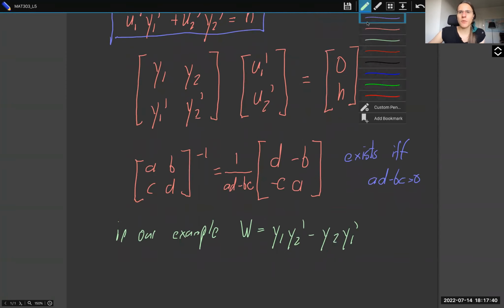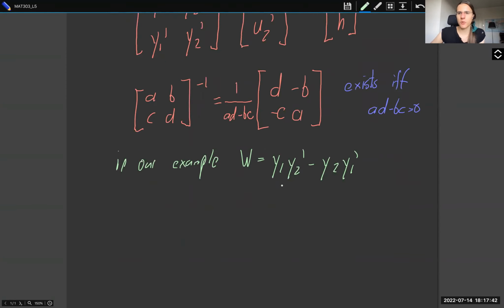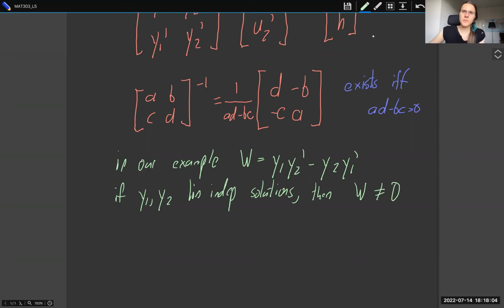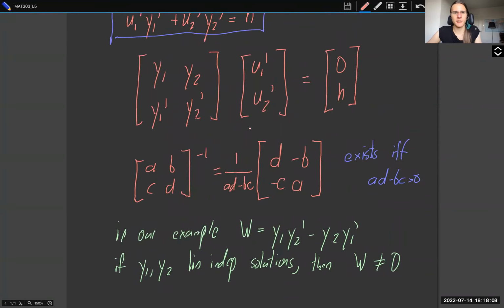And if y1 and y2 are linearly independent, then the Wronskian is never 0, because it's an exponential, because we calculated it last time from a differential equation. So it is possible to invert the matrix so long as we choose two linearly independent solutions.